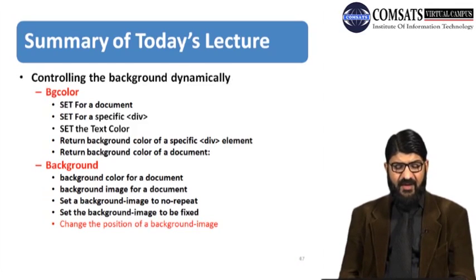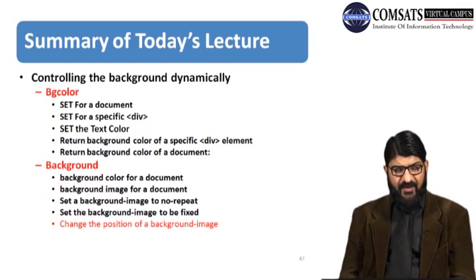Moving onward, we have seen how to change the background color for a particular document, and then we can also change a background image for a particular document using the image attribute, and then we can also set a background image with no repeat option.